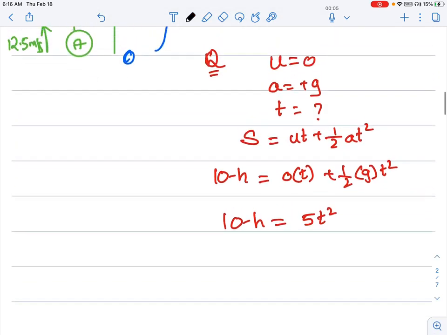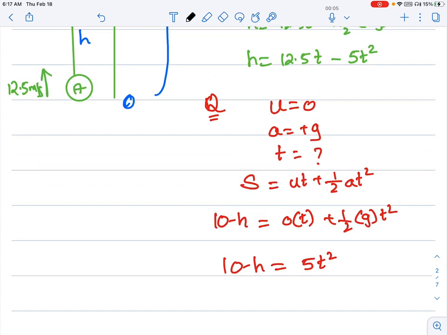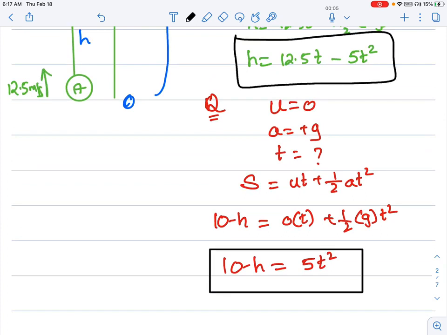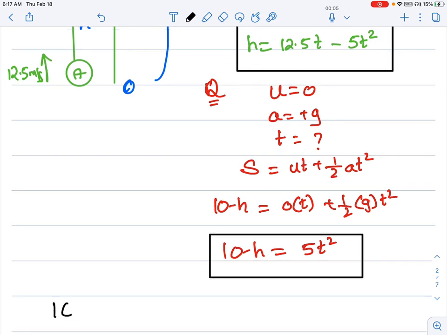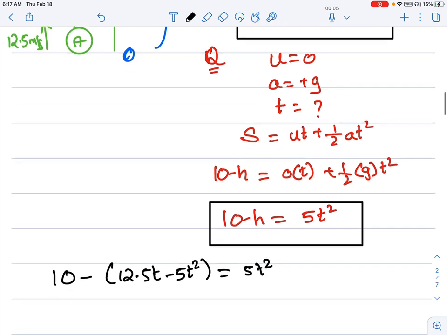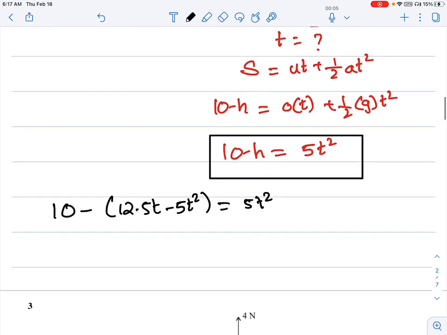The second equation is this one, and the first equation is this one. So 10 minus h, where h is 12.5t minus 5t square, is equal to 5t square. So from there I get 10 minus 12.5t plus 5t square is equal to 5t square. 5t square cancels.